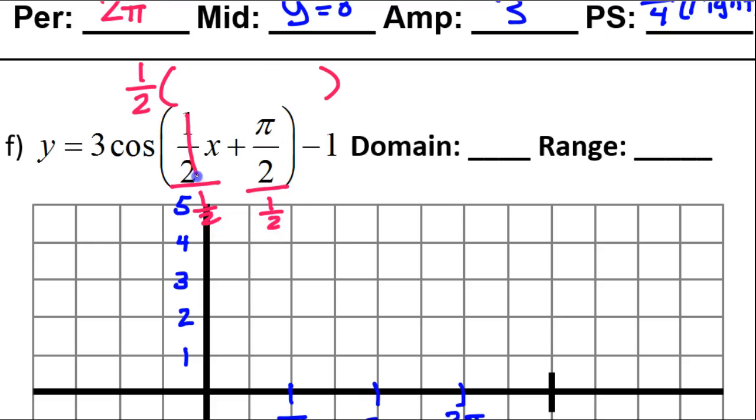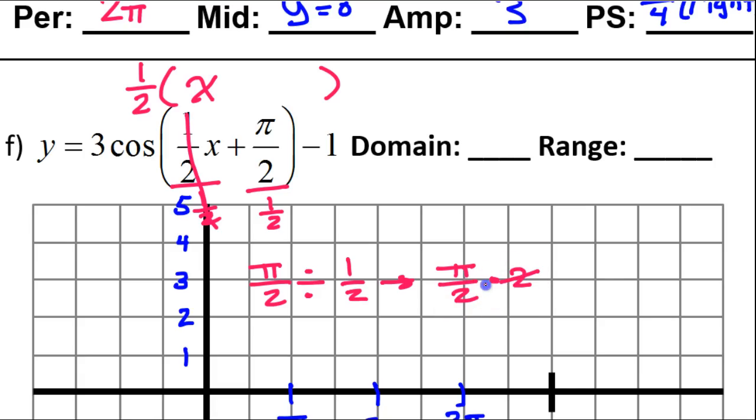Now these 1/2s are going to cancel each other out and just leave x. But right here, look at this very carefully. What I have is pi over 2 divided by 1/2, right? I hope you understand that to divide by a fraction, you multiply by the reciprocal. So this is the same as pi over 2 times 2.